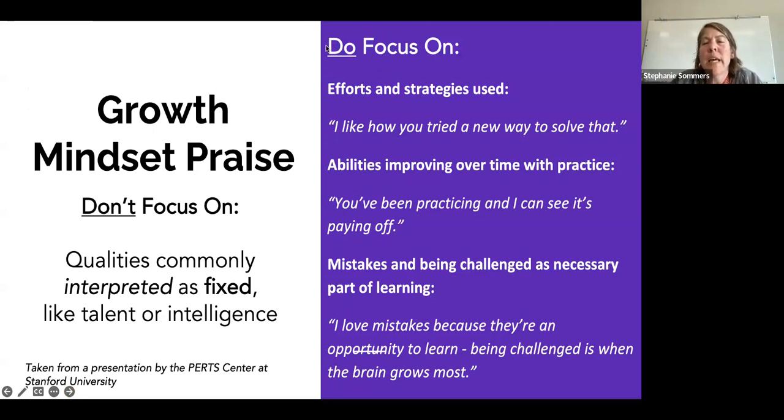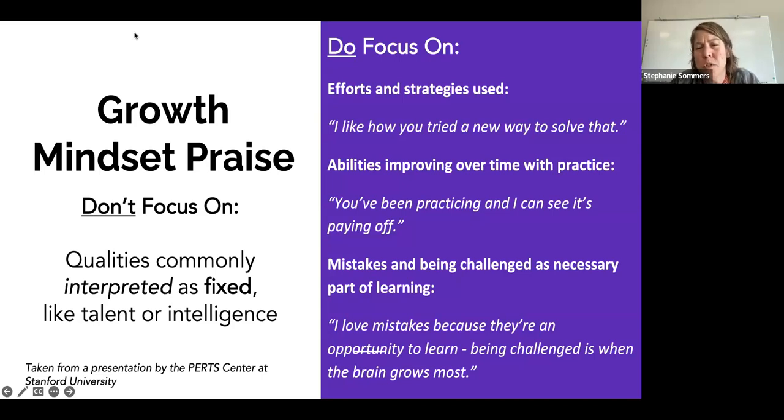So saying things like, I like how you tried a new way to solve that, whether or not they got the answer right, that's not the point. It's about understanding that when we try new approaches, we are becoming better learners. You've been practicing and I can see it's paying off.